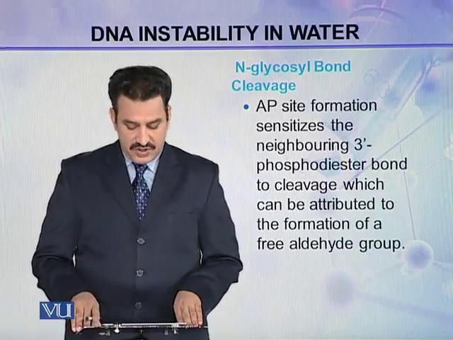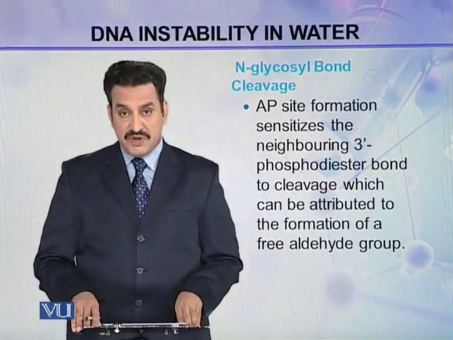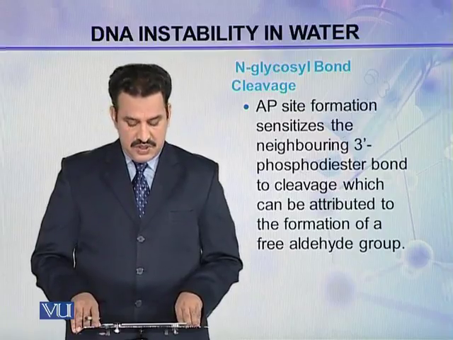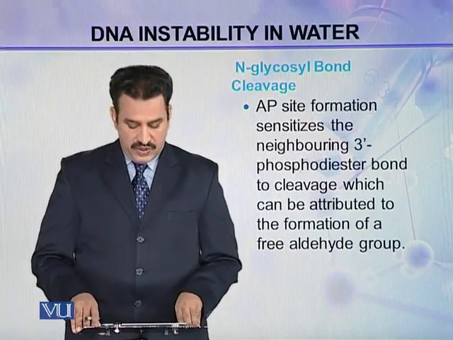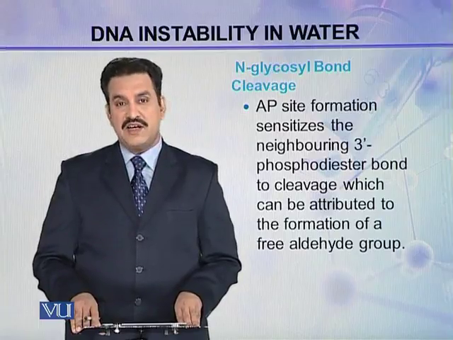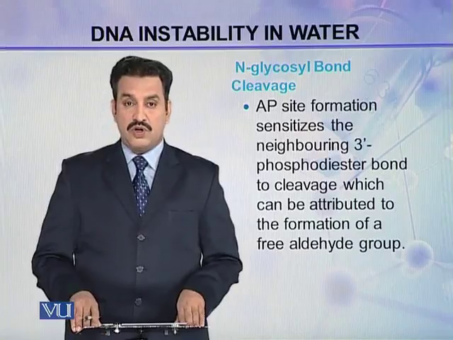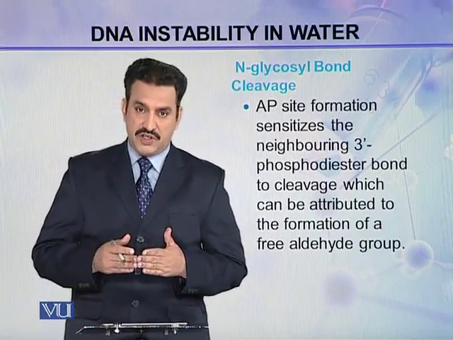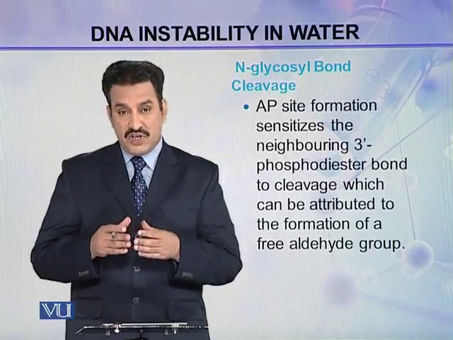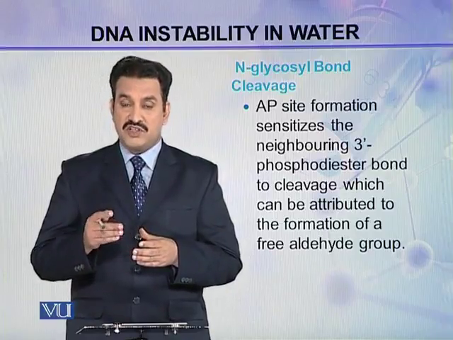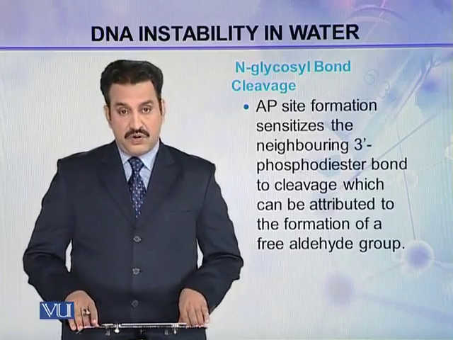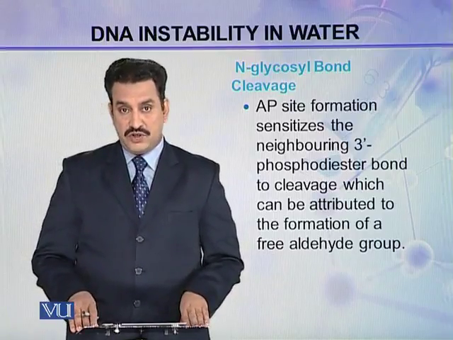AP site formation sensitizes the neighboring 3' phosphodiester bond to cleavage, which can be attributed to the formation of a free aldehyde group. So due to the AP site, a free aldehyde group is present, and this free aldehyde group sensitizes the neighboring phosphodiester bond.